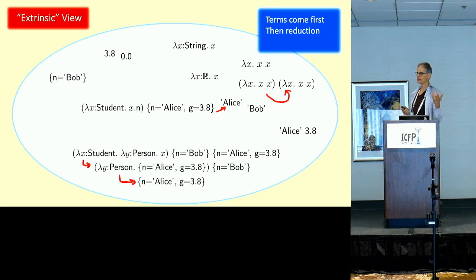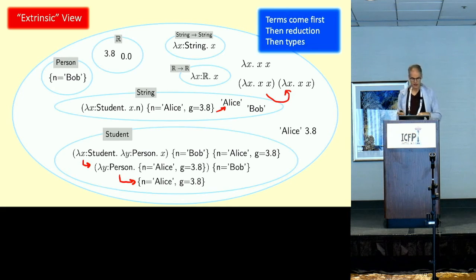So the syntax comes first, then the behavior of the terms. And only after that do we say, okay, which terms have which types? So the types are the last thing that gets layered on. They are extrinsic to the notions of what is a term and how does it behave.